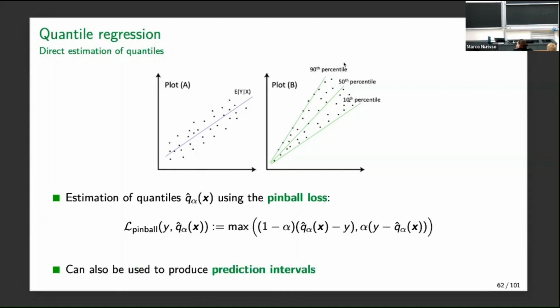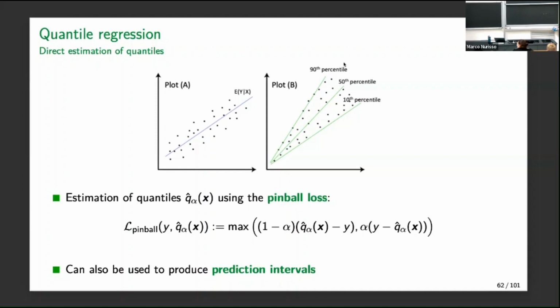Or you can do what is, for regression, the more common approach: construct a prediction interval. What you see on the right-hand side is already some sort of prediction interval. I've modeled the 10th percentile quantile and the 90th percentile quantile. Everything in between is going to be my prediction interval.